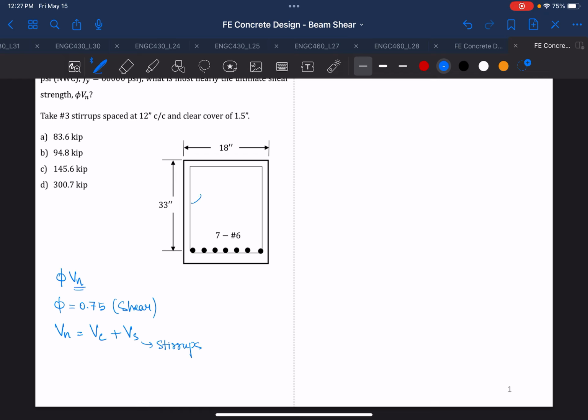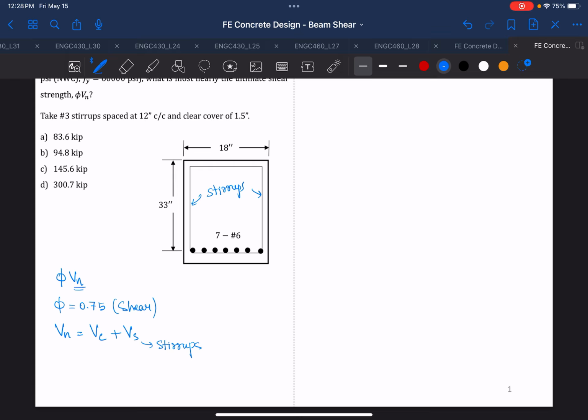Okay, in this case these are your stirrups, and remember this is your main longitudinal bar which will resist your bending moment, and these are your stirrups which resist your shear force.